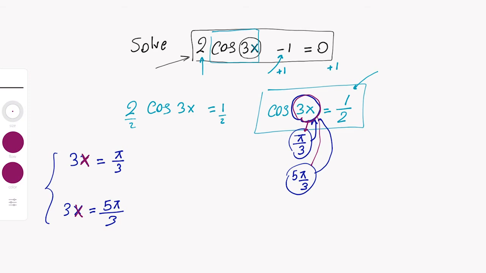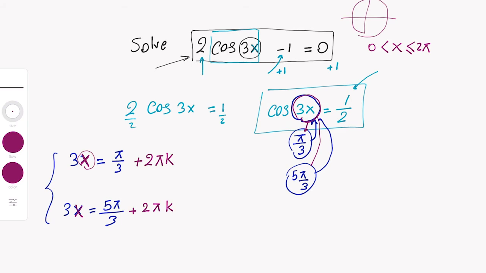I'm going to add a domain here that x should be between 0 and 2 pi. That means only one revolution. For a question like this, we are looking for x here. I cannot divide by 3 right now. We need to add plus 2 pi k to each.